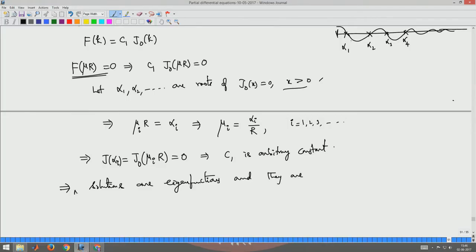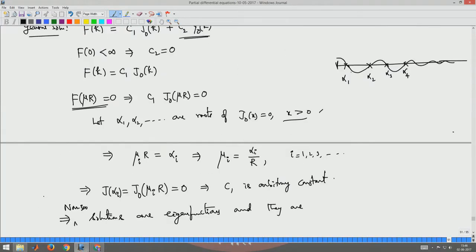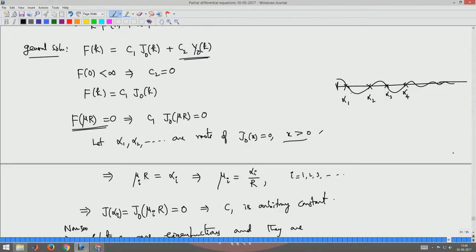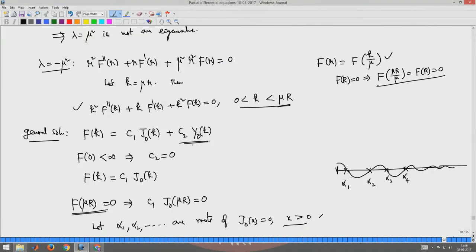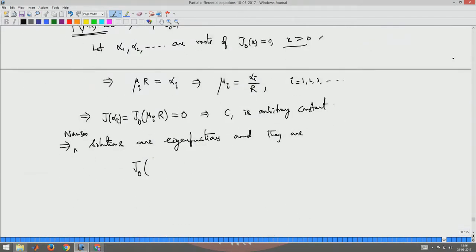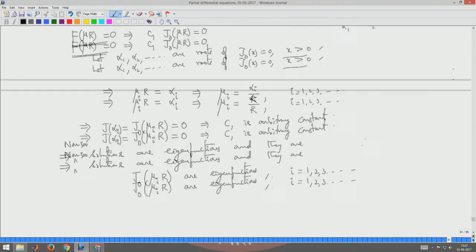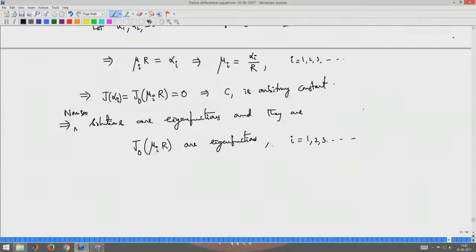When you take C1 equal to 1, you have J0 of k, where k is mu R, so J0 of mu I into R. These correspond to the same mu I and are the eigenfunctions, where I is running from 1, 2, 3 onwards. This is how you find your f of R.